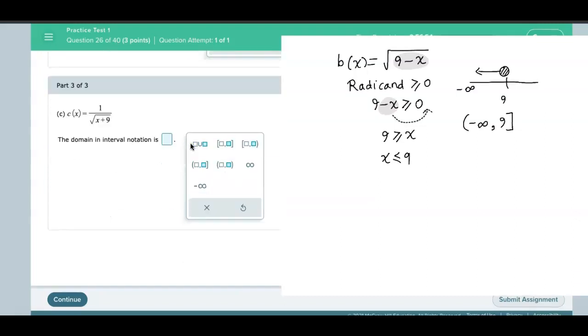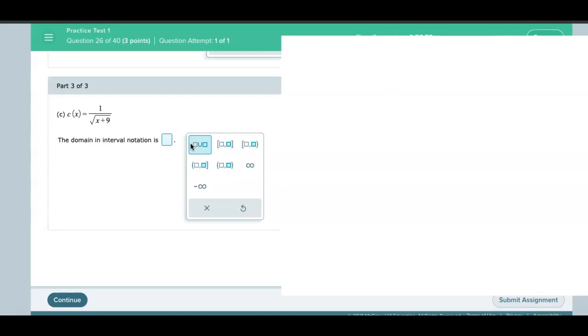The very last one, part C, we have c of x, which is 1 over square root of x plus 9. Guys, you know we usually say the radicand is greater than or equal to 0, but it can't be equal to 0 this time. Let me write that down.